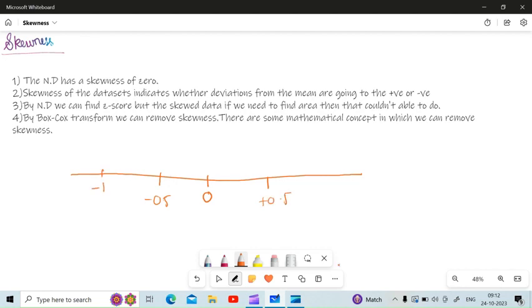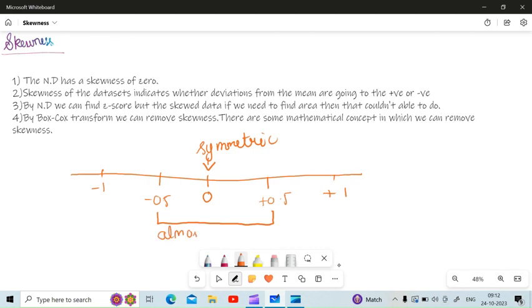So over here is -1 and over here is +1. It's just a scale. If the value is 0, then we say that it follows a symmetric distribution. Symmetric is nothing but the normal distribution. If the skewness score lies between -0.5 and +0.5, then we say it is almost symmetric.